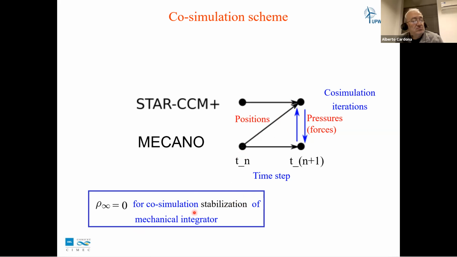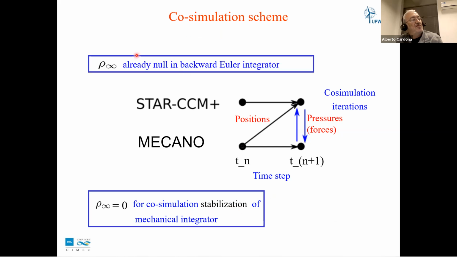By experience, we arrived at the conclusion, it is not a demonstration, that by setting rho infinity to 0, the spectral radius of the integrator, we stabilize the integration and do not have these stability problems.